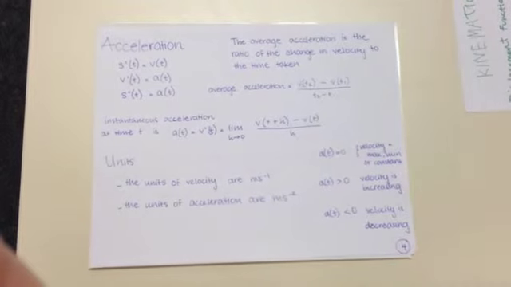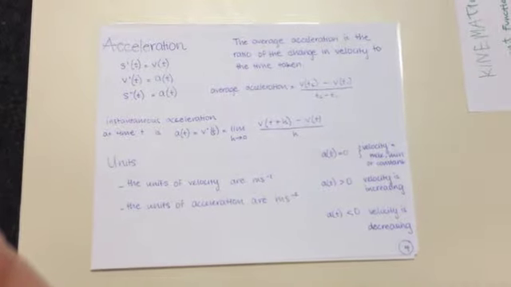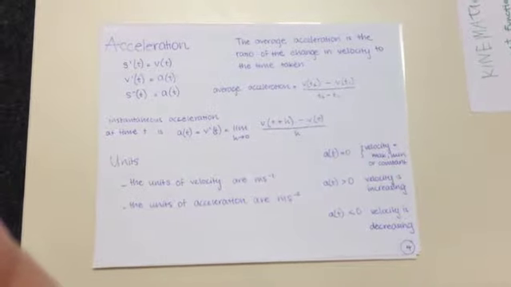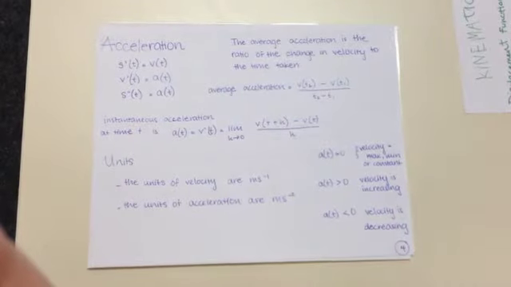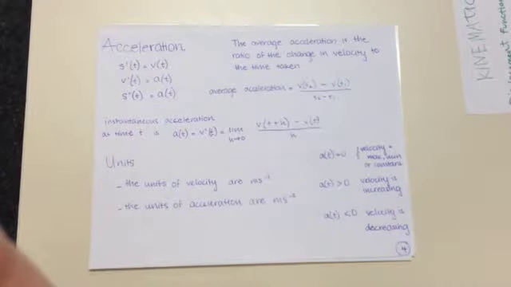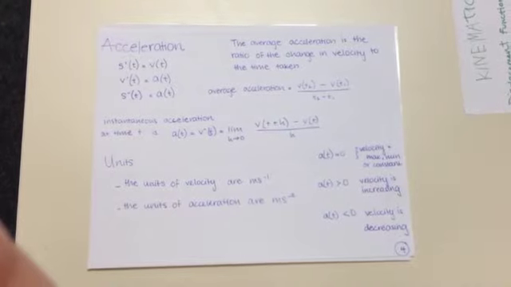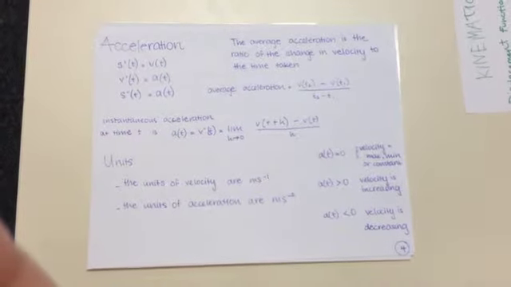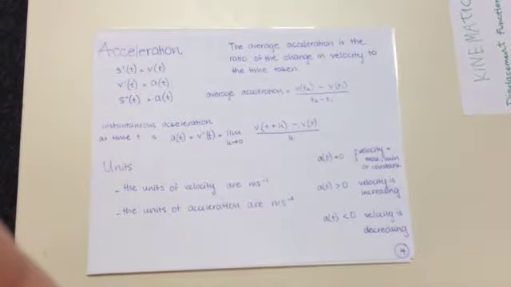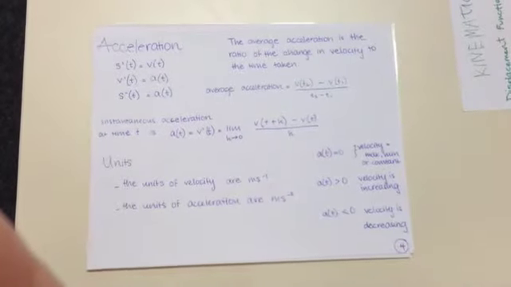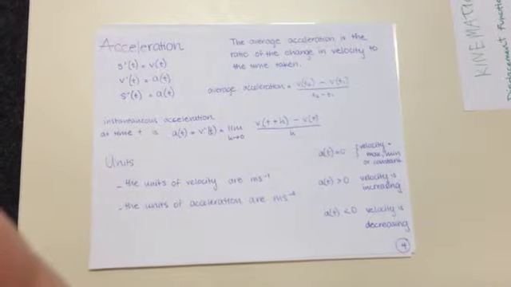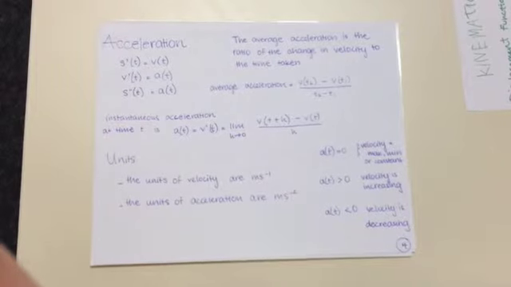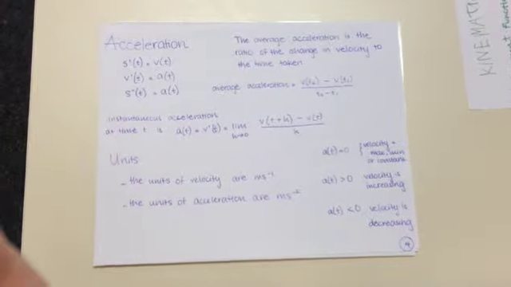Acceleration can be found by taking the derivative of the velocity function. The average acceleration is the ratio of change in velocity to the time taken: v of t sub 2 minus v of t sub 1 over t sub 2 minus t sub 1. This is the instantaneous acceleration at time t.